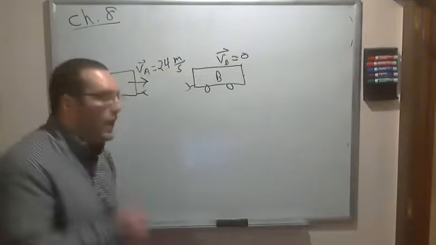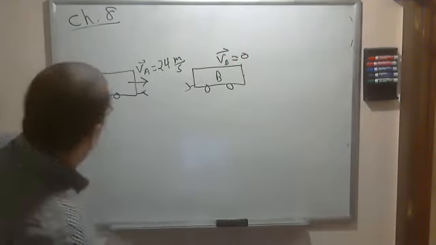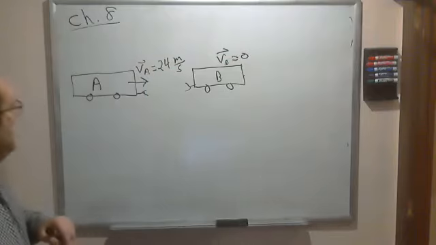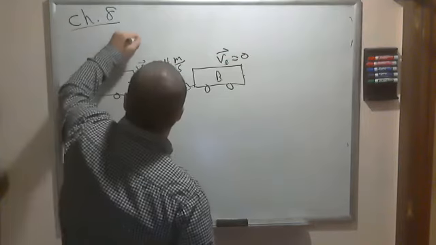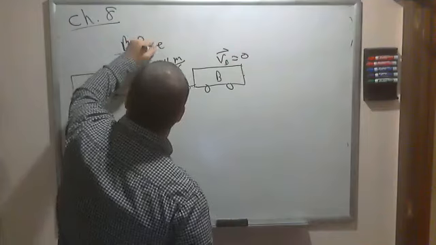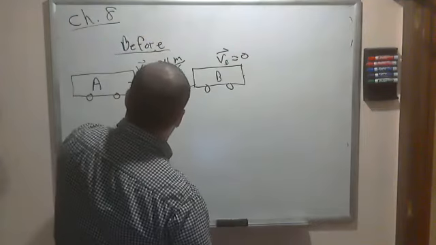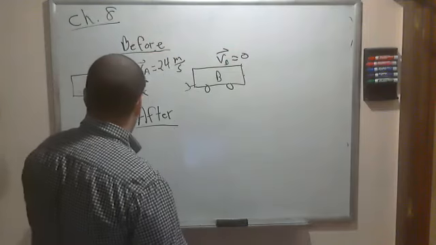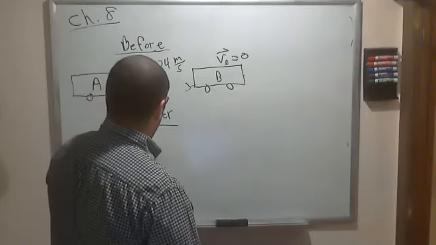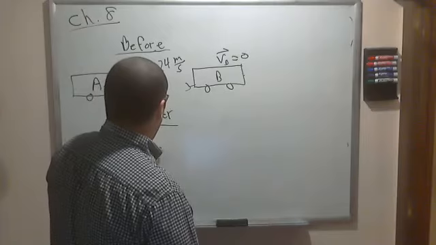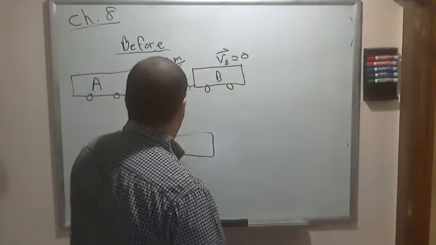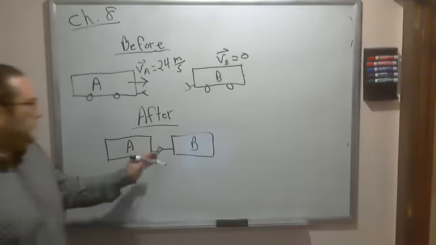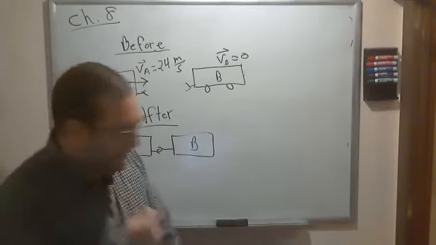And once A runs into B, they combine. So that after the collision, they lock together and they travel at the same speed. Effectively, it becomes one system, right?